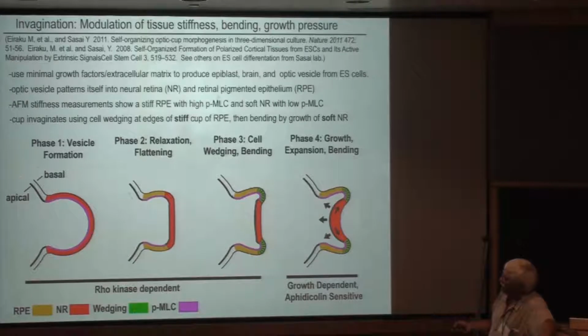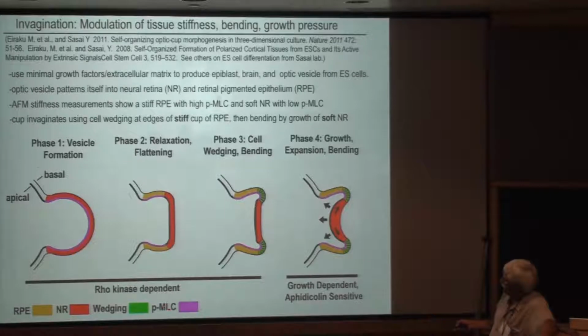And he finally got these vesicles that will make these little bulges out to the side, which express neural retina markers. And under certain conditions, they'll go right on ahead and differentiate into an optic vesicle and an optic cup. And then the next thing that happens is that you get a retinal pigmented epithelium formed, and then the thing will invaginate.